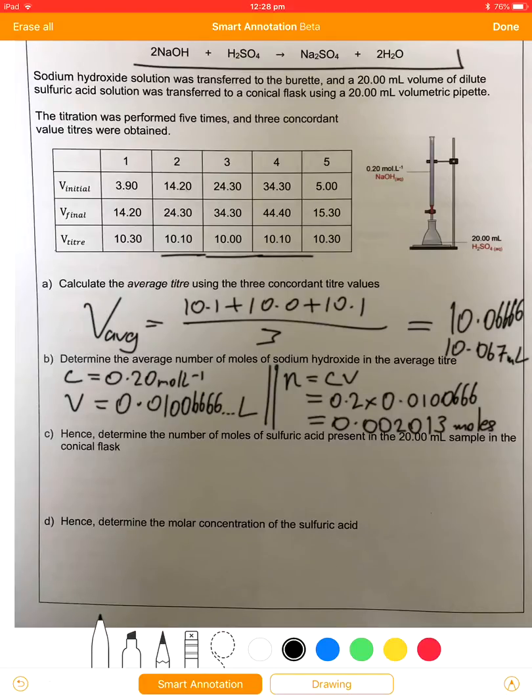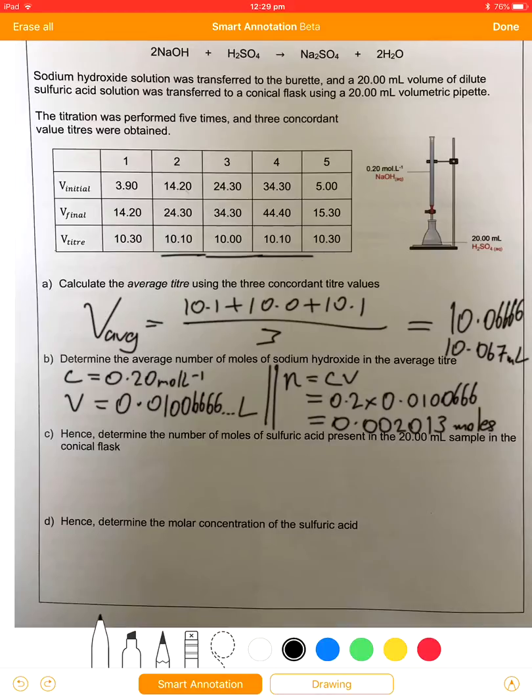All right, so up here our equation is going to help us for the next question. Determine the number of moles of sulfuric acid present in the 20 millilitre sample in the conical flask. First off, we know that the number of moles for sodium hydroxide is that number we just worked out, 0.002013. For sulfuric acid, from our equation, we can see that the mole ratio is for every 2 moles of sodium hydroxide, we need 1 mole of sulfuric acid.